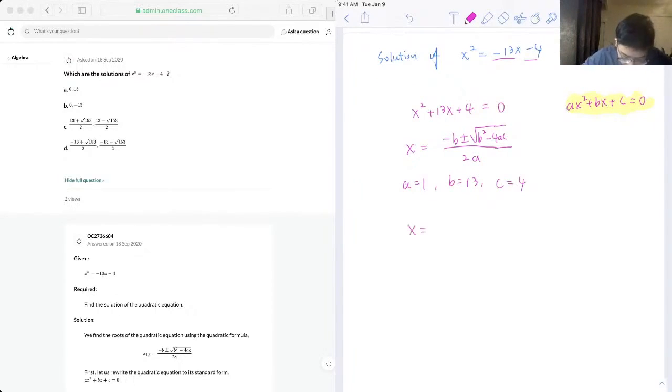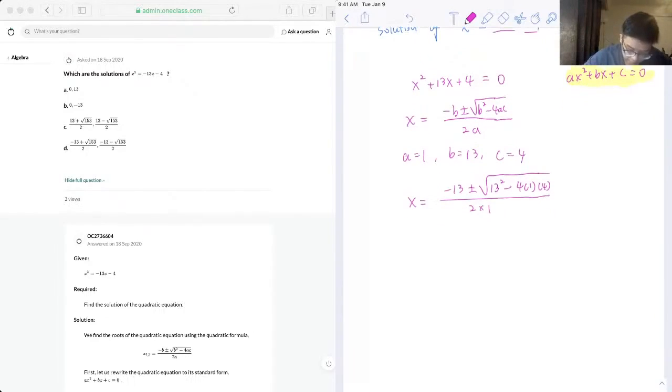So x will be equal to negative 13 plus or minus the root of 13 squared minus 4 times a, which is 1, times c, which is 4, over 2 times 1. Let's simplify that. 2 times 1 is just 2. 13 squared will be 169.